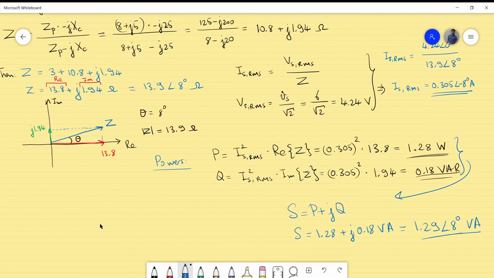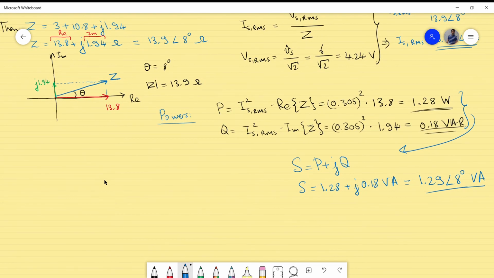which is of course not surprising because we already had the 8 degrees from the impedance diagram. So the power diagram, if I now draw the power diagram, which we haven't done at the beginning, since we didn't know if it is inductive or a capacitive load, but we know that at the moment. So I have now a real part which has a length of 1.28.